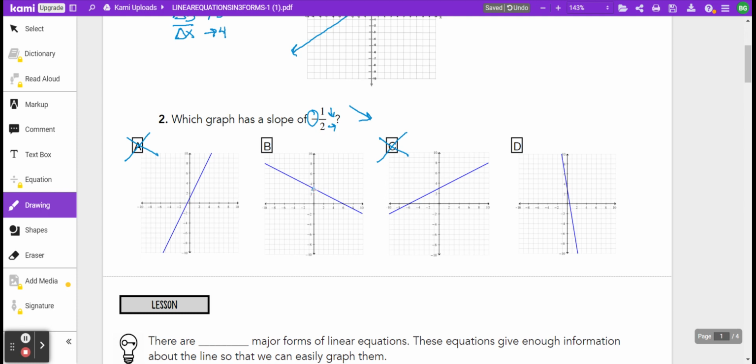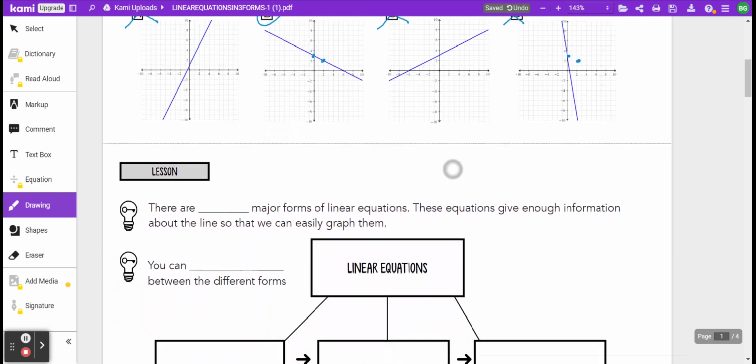If I start at that y-intercept, I'm coming down 1 to the right 2 here at B. And just to check, I want to come down 1 to the right 2 for D, and that doesn't match. So B is going to be our answer.